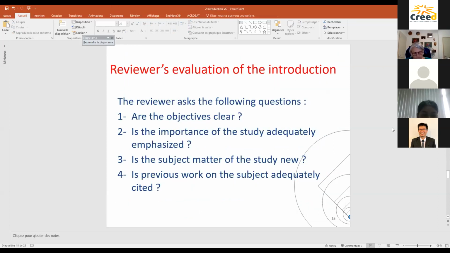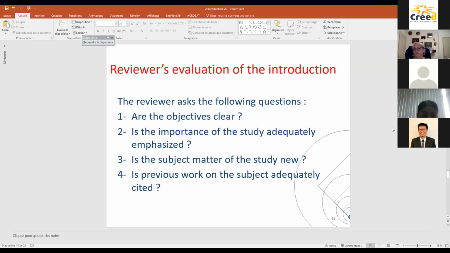Now, because I want these classes to have a certain pragmatic orientation: when you submit your article, it gets reviewed by the editor and maybe 1, 2, 3, 4, or 5 reviewers, depending on how enthusiastic the reviewers are. The first thing you will ask as a reviewer when reading an article is, are the objectives clear?